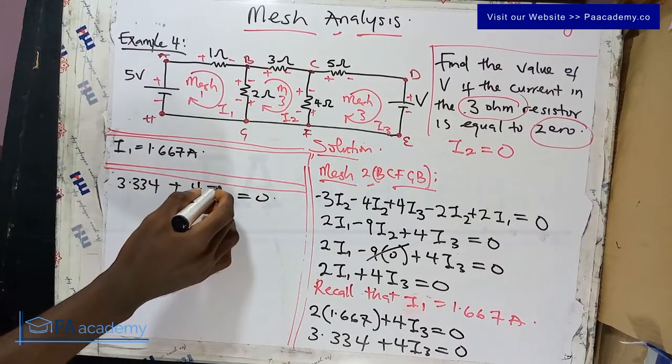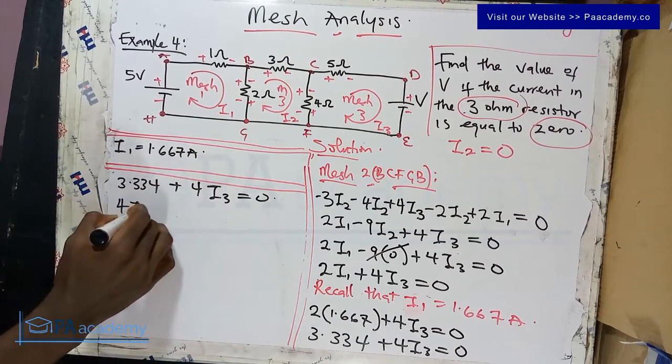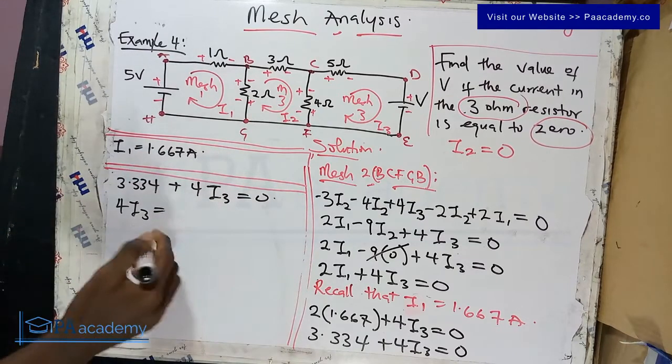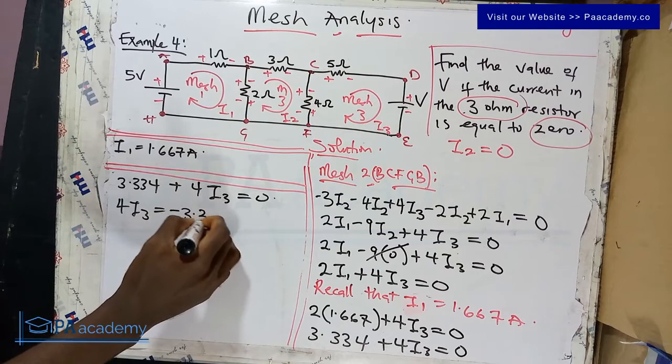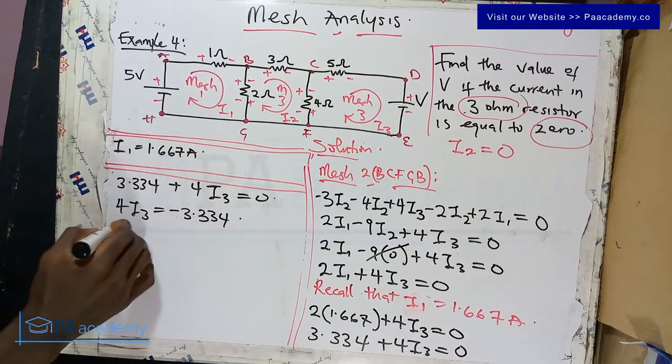Now if you try to make I3 the subject of the formula, we are going to have 4I3 equals, now if this 3.334 should come to the other side of the equals sign, we are going to have minus 3.334. So what we do here now is divide both sides by 4.